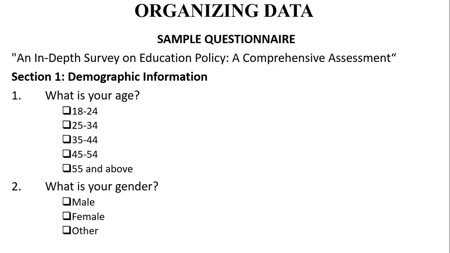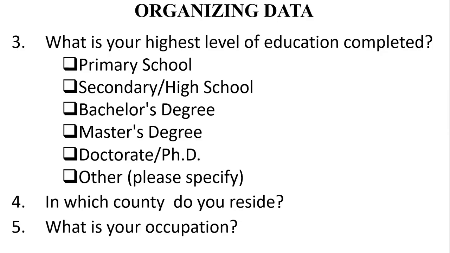And section 1 was looking for information from the respondents. This information included the age of the respondent, the gender of the respondent, the highest level of education of the respondent, the county in which the respondent resides, and finally, the occupation of the respondent.